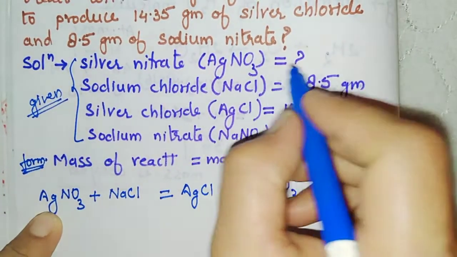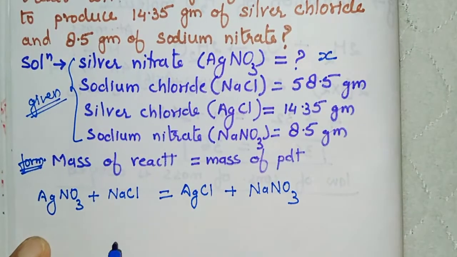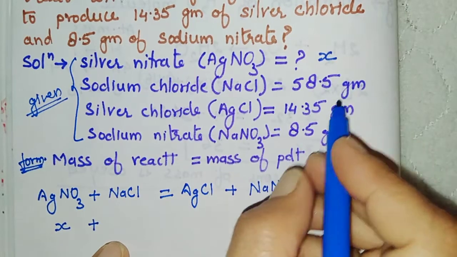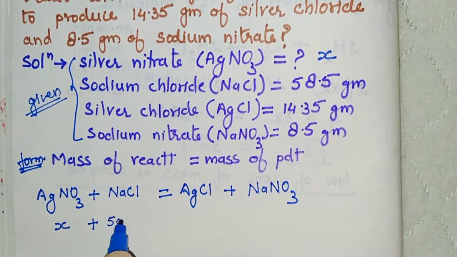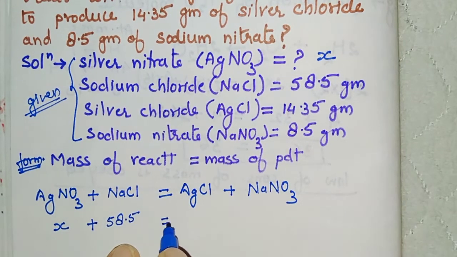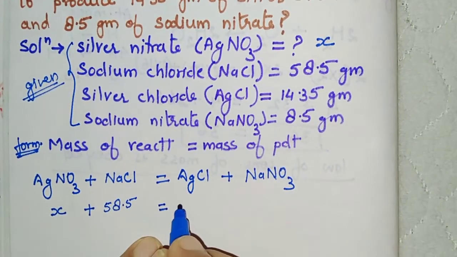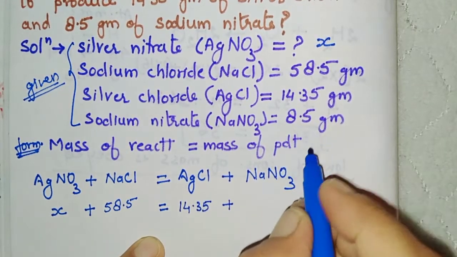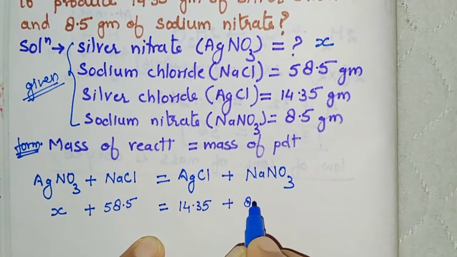Now we will put the values here. Suppose AgNO3 is x. x plus what is NaCl? 58.5 gram. What is AgCl? 14.35 plus NaNO3 is 8.5.